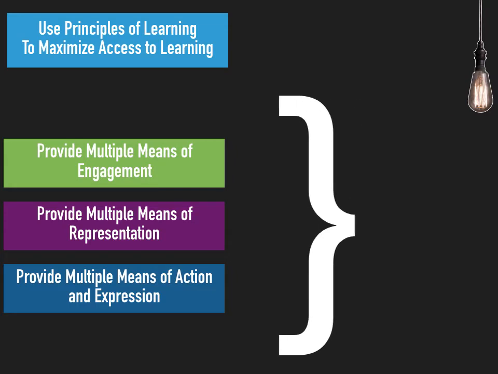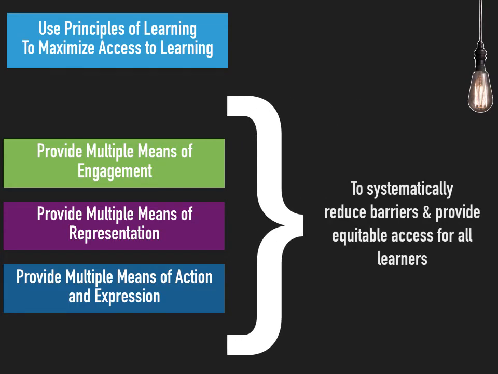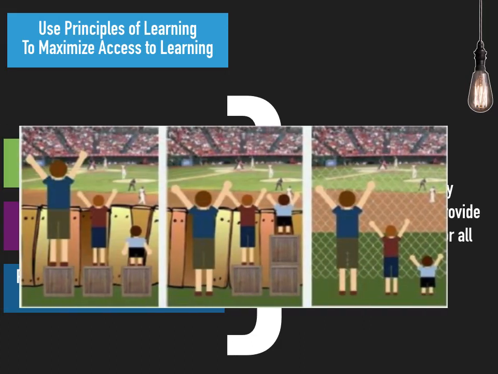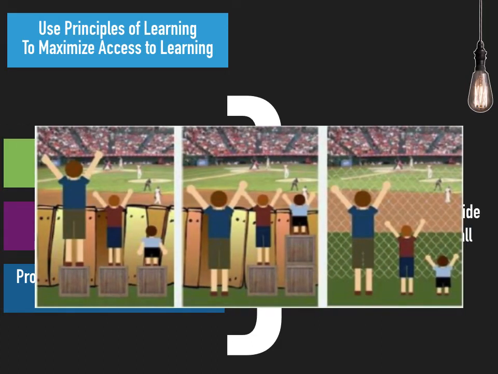Ultimately, in using these 3 principles, our goal is to systematically reduce barriers and provide equitable access for all of our learners. You might remember that word systematically reducing barriers from our first module dealing with UDL, in which we explored this image.